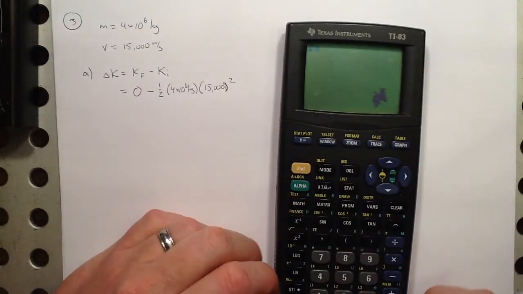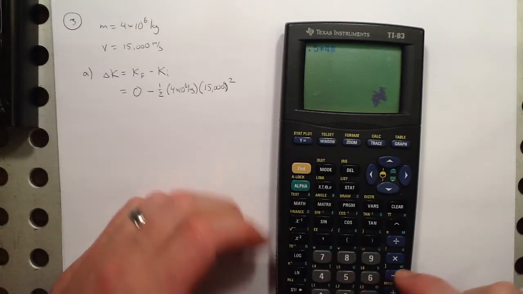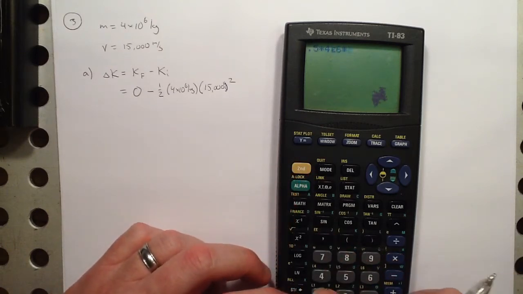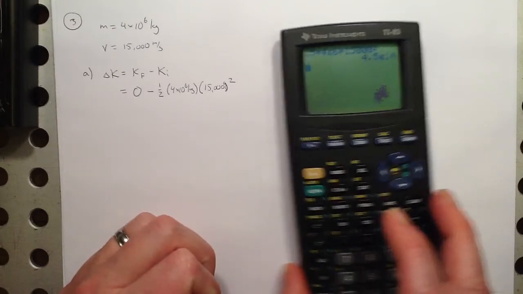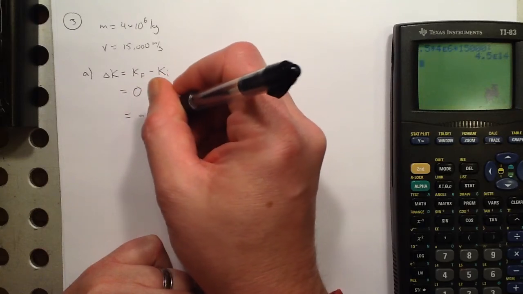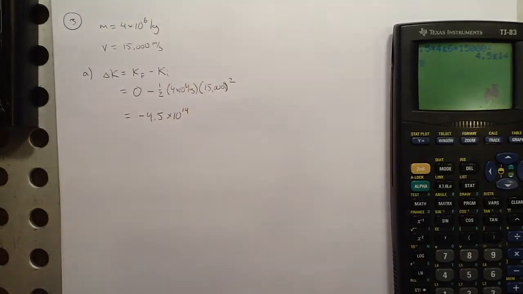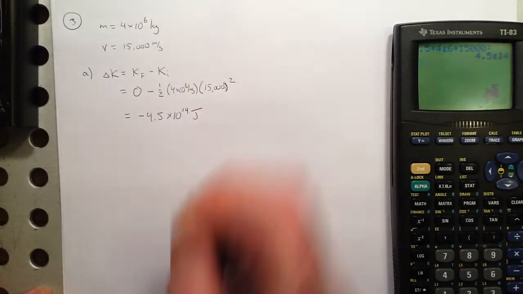We've got 1/2 for 4 times 10 to the 6th times 15,000 squared. So that's a loss of 4.5 times 10 to the 14th, or 450 trillion joules. It's a lot of energy.